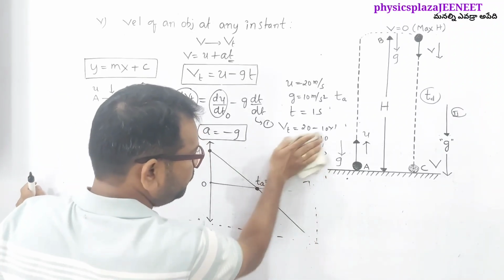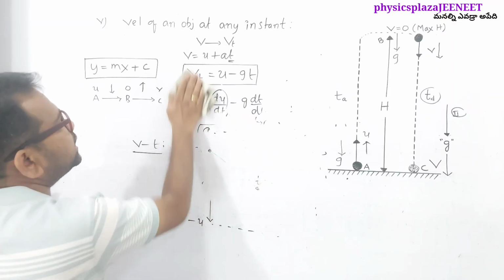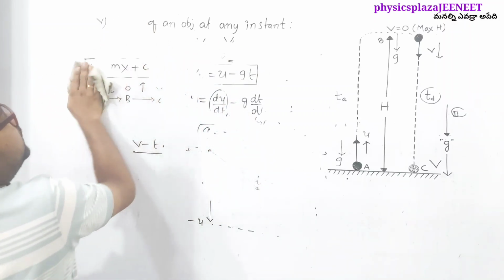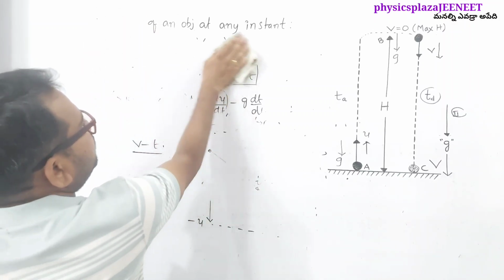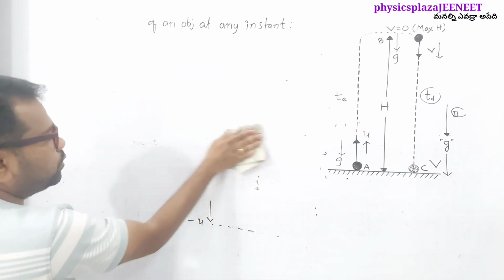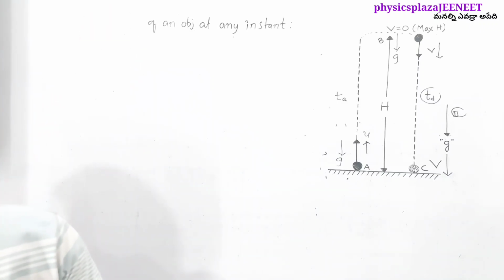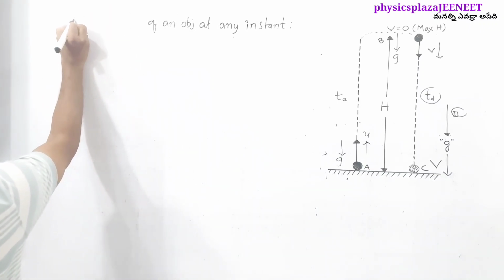Now we see, children, how can we calculate the displacement of an object at any instant? So displacement, not velocity now. Till now we discussed the velocity of an object at any instant. Now we are going to discuss the displacement of an object at any instant. It's the sixth parameter in this case.